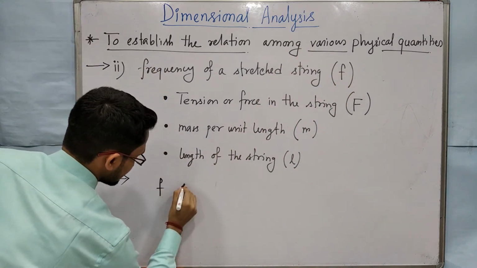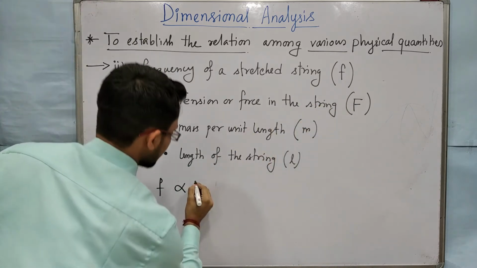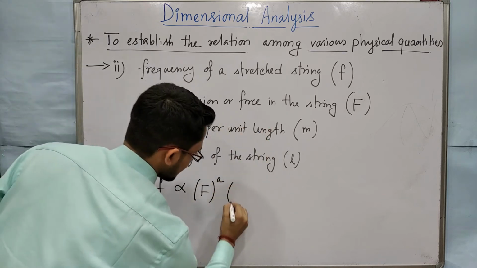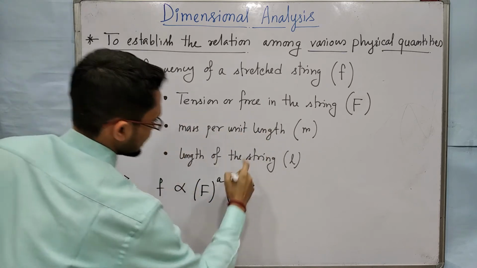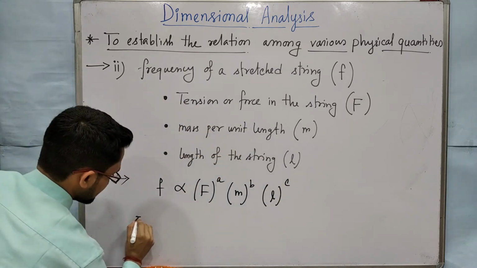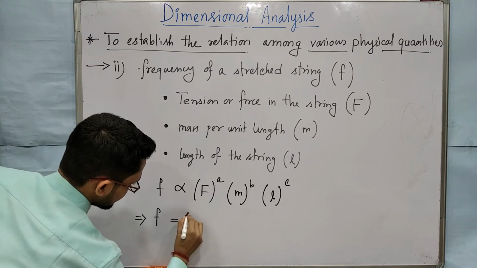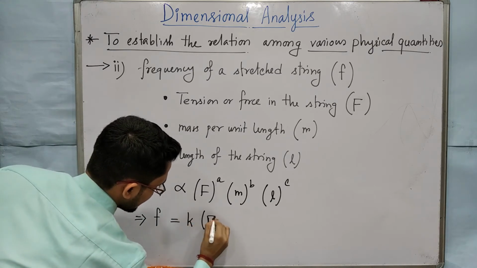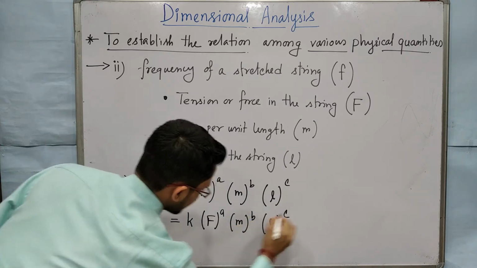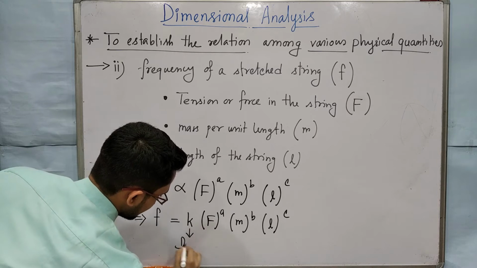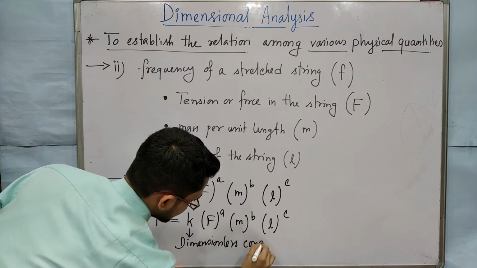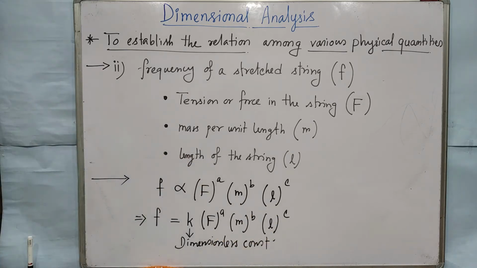So frequency is directly proportional to tension to the power A, mass per unit length to the power B, and length of the string to the power C. Then remove the proportionality sign and you will get f equal to K F to the power A, m to the power B, L to the power C, where K is a dimensionless constant.